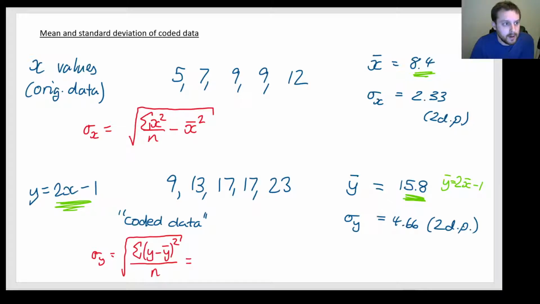And if you're not convinced, you could try this out with a bunch of different options. For example, here are 3 numbers, 1, 2, and 3. You tell me the mean. So you do 1 add 2 add 3, which is 6, divided by 3 is 2. So the mean is 2.